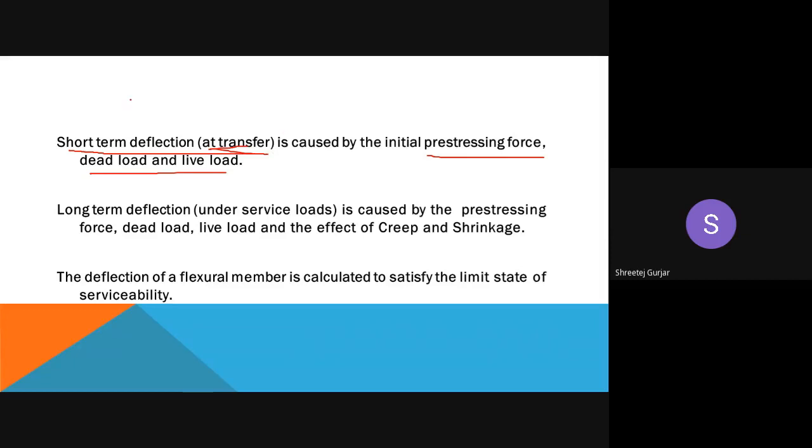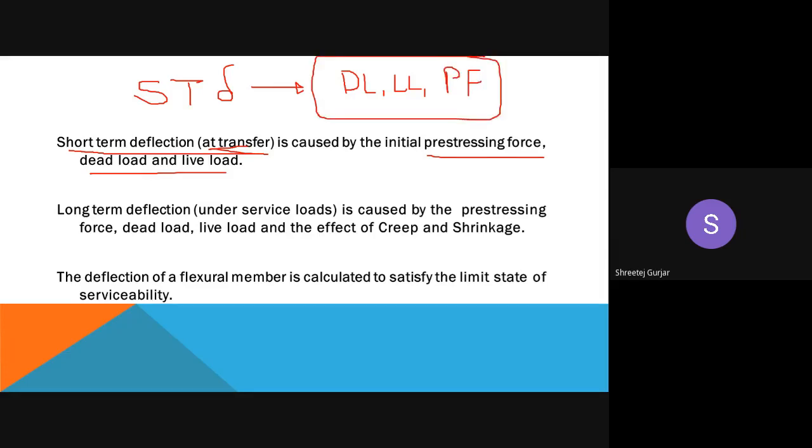To calculate short-term deflection, we have to calculate deflections caused by dead load, live load, and the pre-stressing force. You have to consider these three. Long-term deflection usually occurs under service loads, when the beam is put into service.